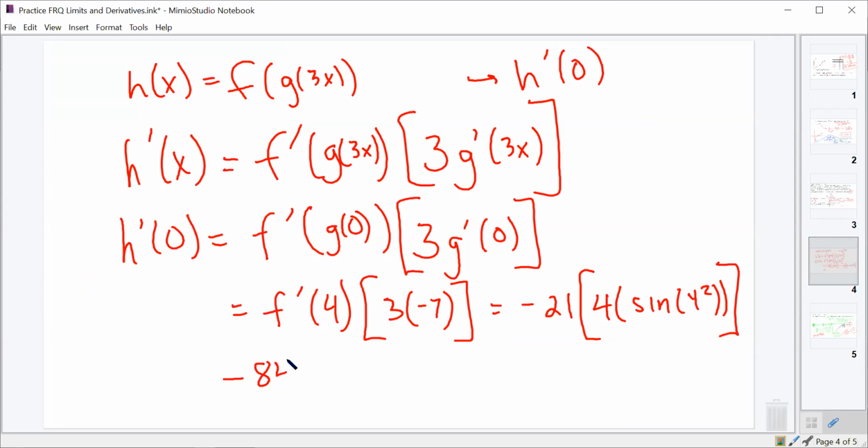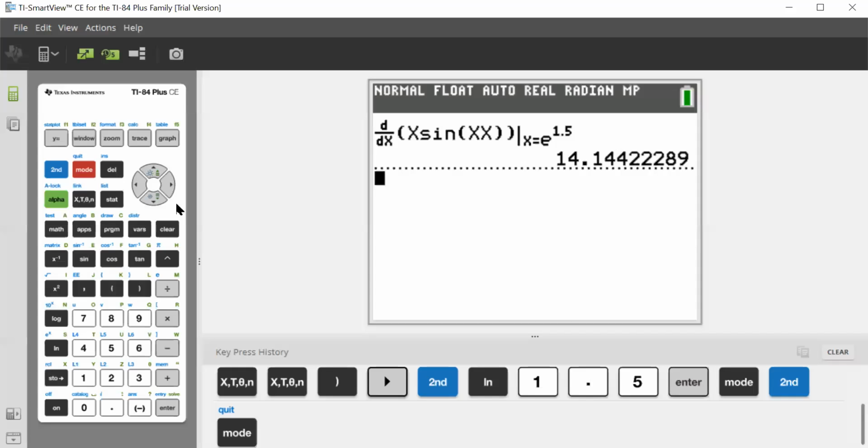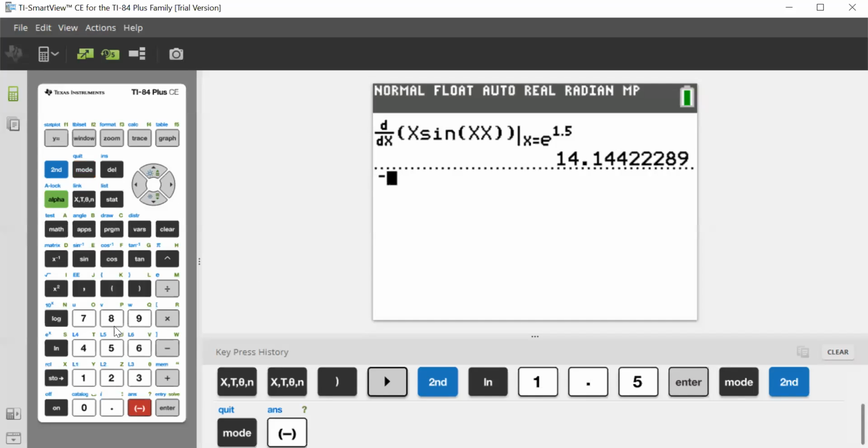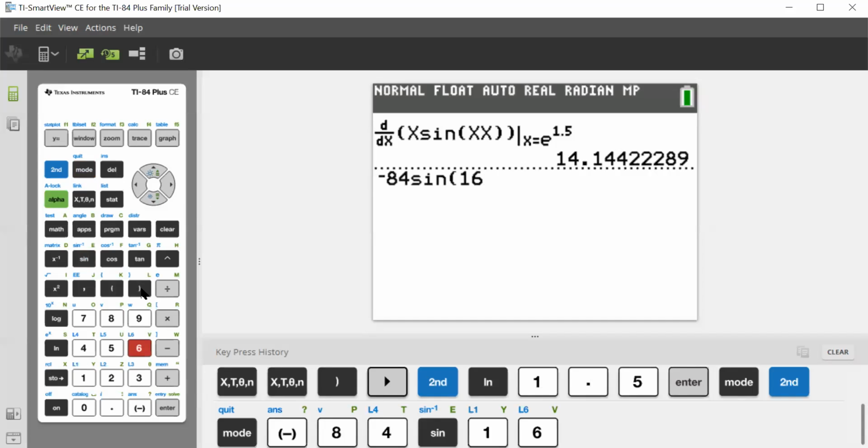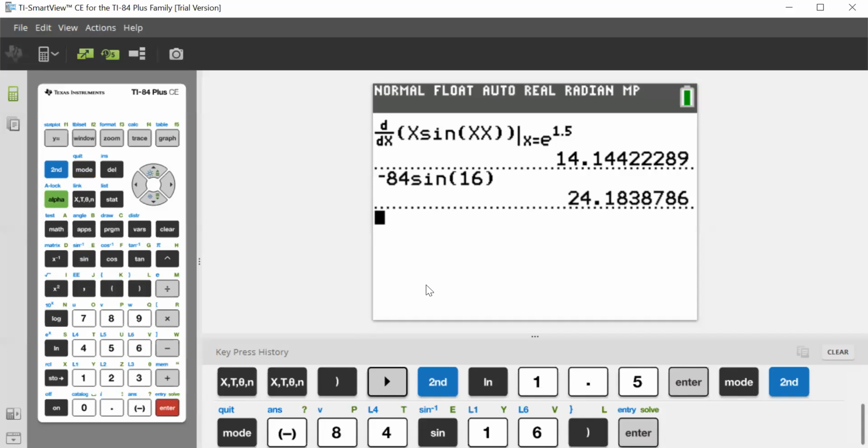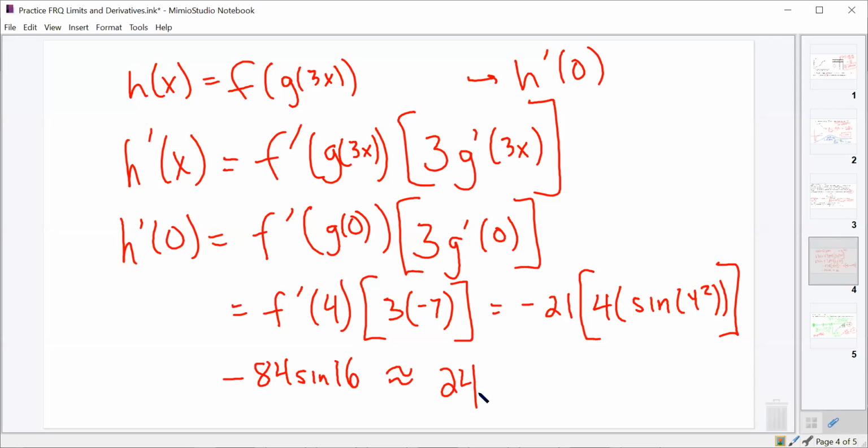It's -84 sine 16, which is approximately what? 24.184. So make sure that you round to at least 3 decimals, 24.184. If you want to go further than that and write out the whole thing off the calculator, that's great, but you don't need to do that. Any questions on part B there?